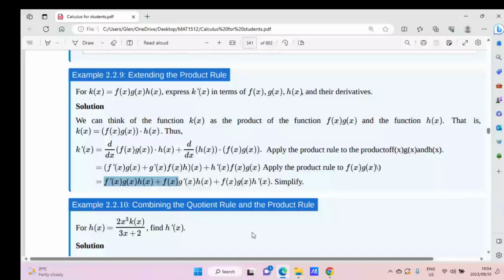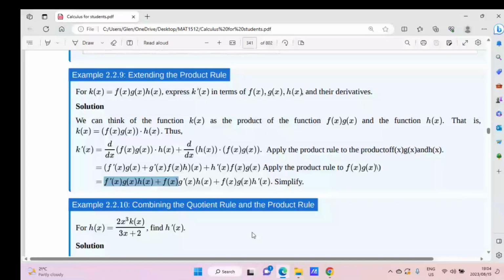Plus 18x cubed, k double prime of x, the second derivative of k of x. Plus 12x squared, k second derivative of x.